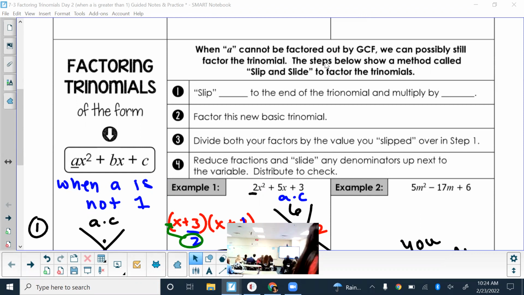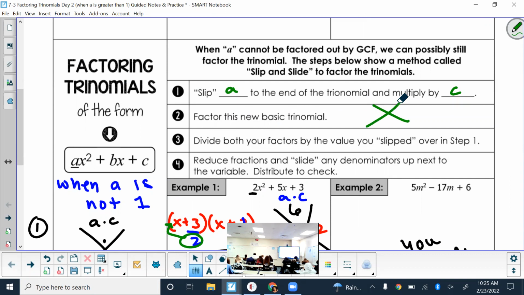Slip A to the end of the trinomial and multiply by C, which is what we did. Then factor this new basic trinomial. You can use our diamond method. Just remember it's A times C on the top, B on the bottom, and you're still finding two numbers that multiply to the top but add to the bottom.